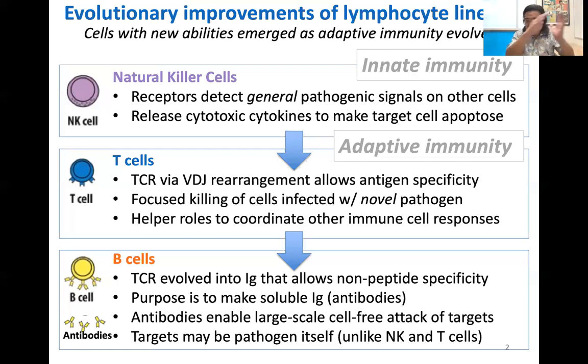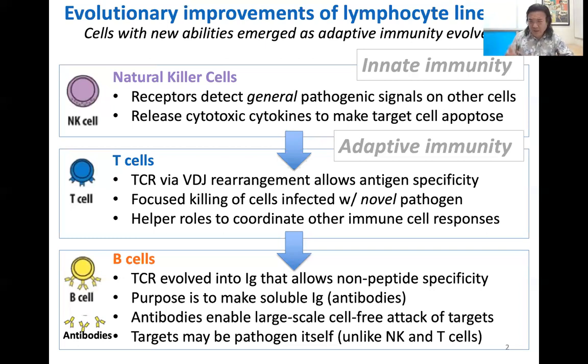Then the adaptive system came along to say, well, let's also pay attention to any cells in our body that are already infected by this. And then you have the B cells, which take that to its logical conclusion: now that we know how to make these specific antigen-binding molecules, the fact that we can release them enables them once again to directly target pathogens like bacteria and viruses.